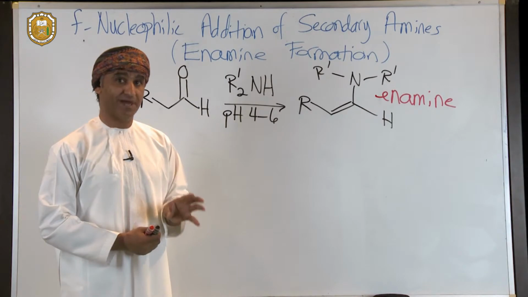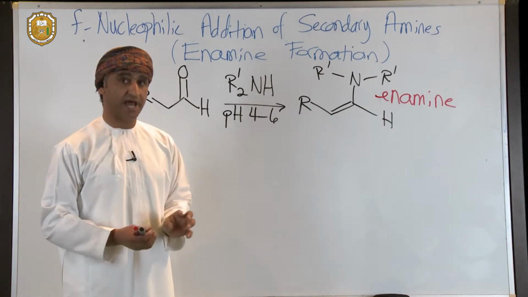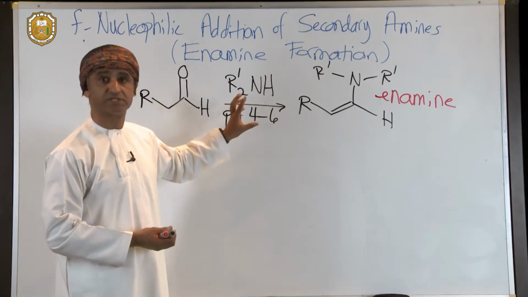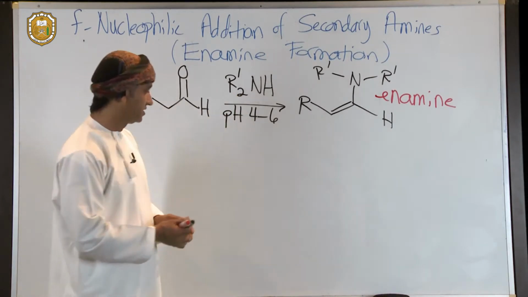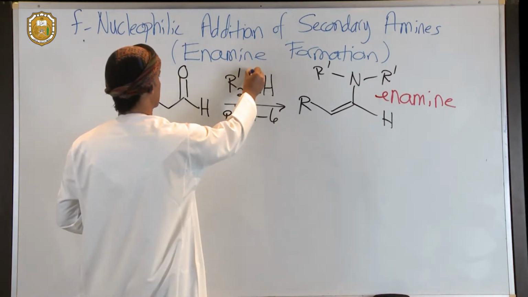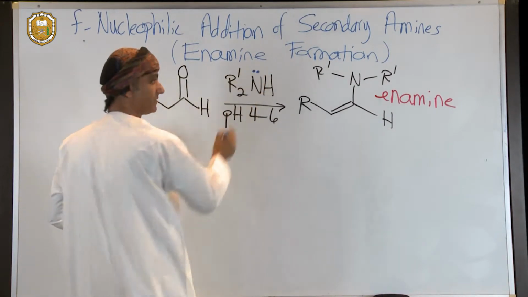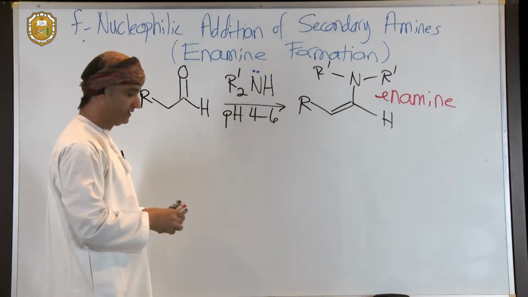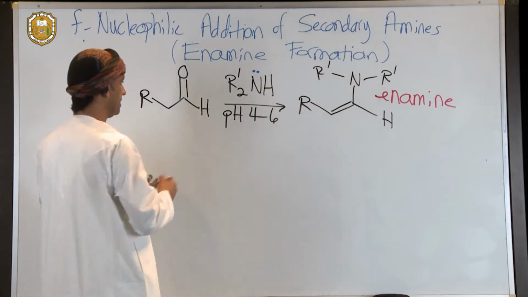Let's work out a mechanism in order to develop an appreciation of this specific and interesting reaction. So the first step is always a nucleophilic addition reaction between the amine and the aldehyde or the ketone.